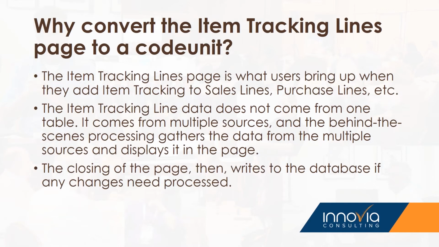So I tried that method, and I'll show it to you today. It's basically just taking the item tracking lines page and saving it as a text file or as an AL file, and converting that into a code unit, keeping all the logic that comes with it without having to rewrite it at all.